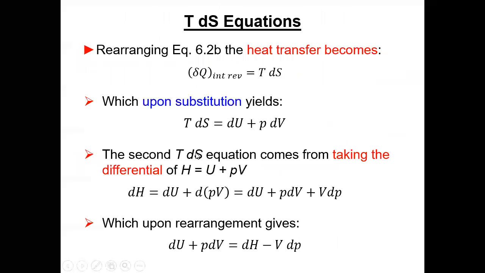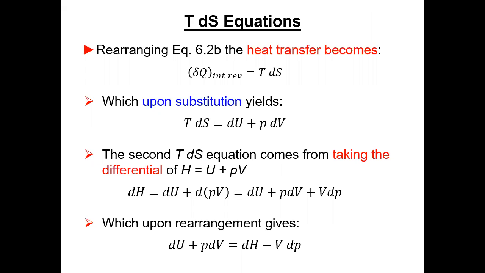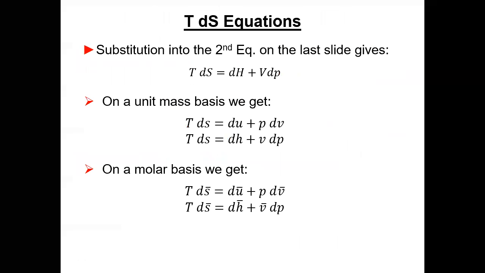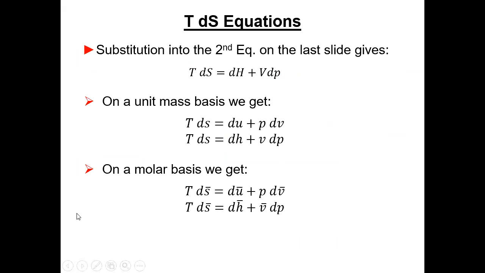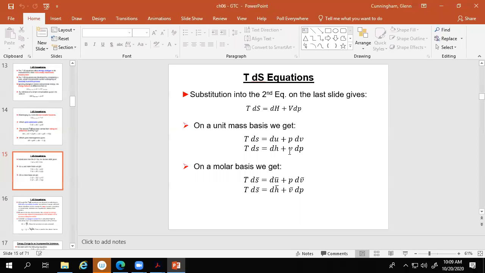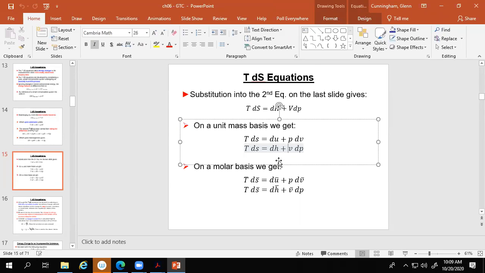Is that not a negative sign? TdS is dH minus VdP. Yeah, this is minus. I was copying and pasting.